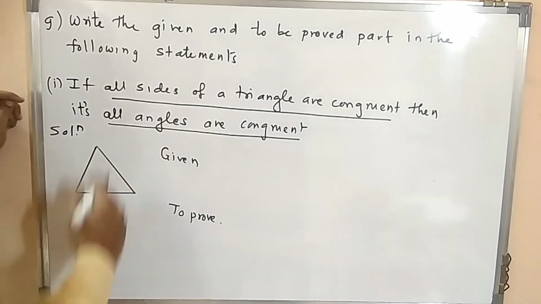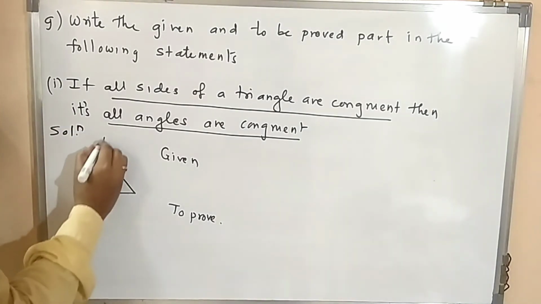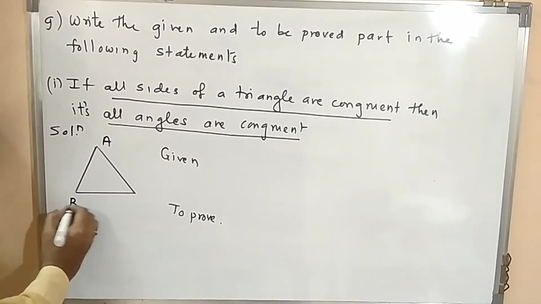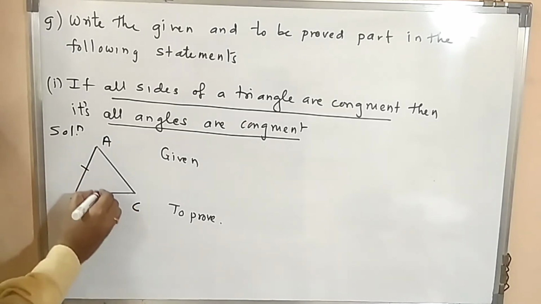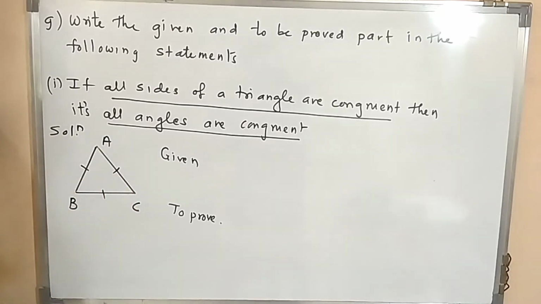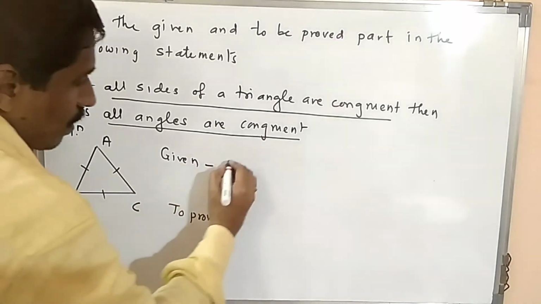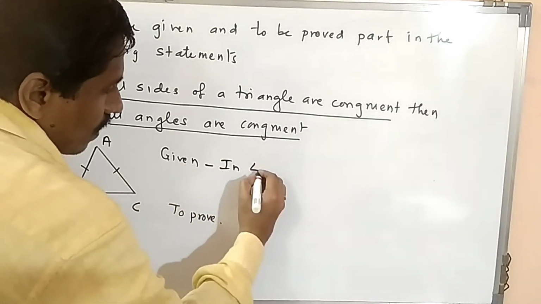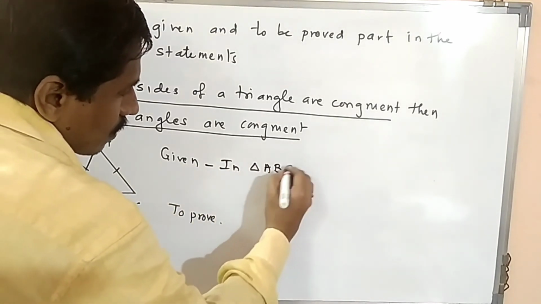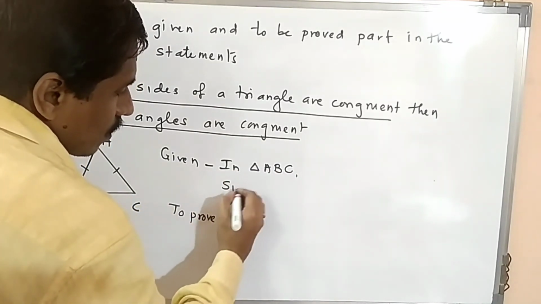So I will take an example. Let us take triangle ABC be a given triangle where all sides are congruent. So what is given part? In triangle ABC, what is given?